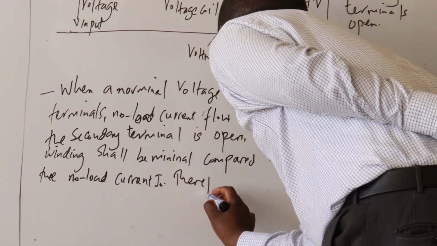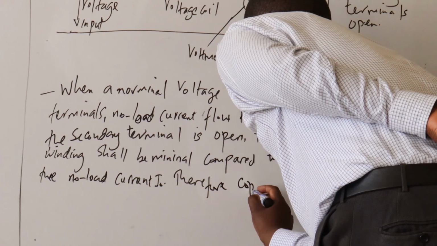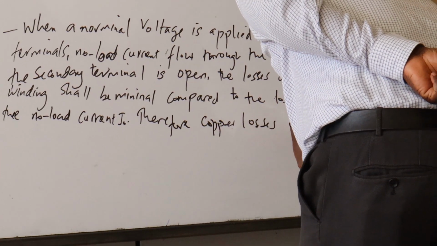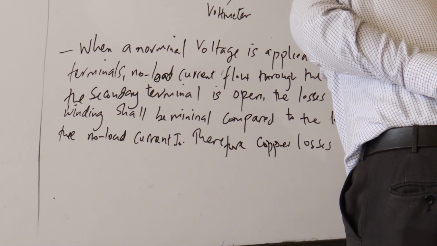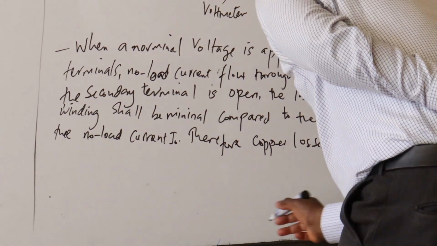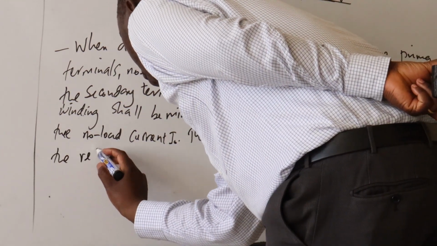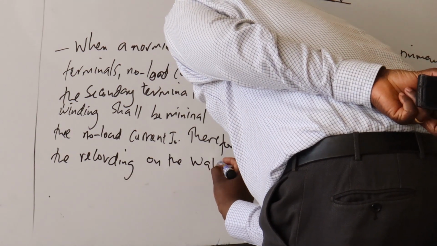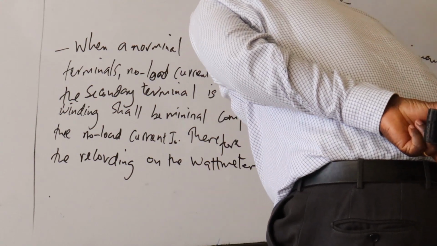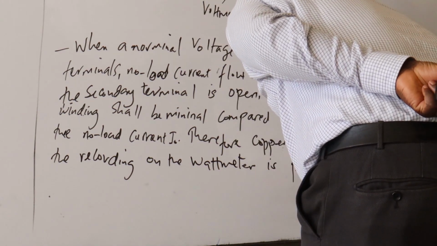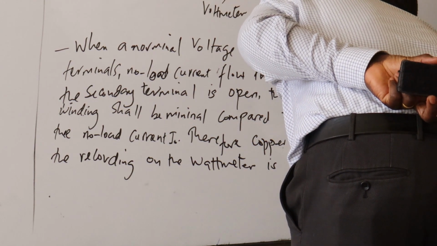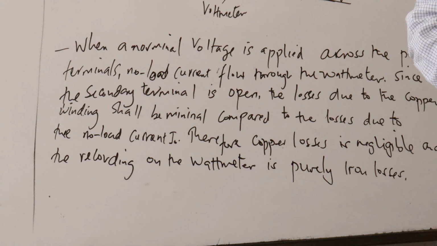Therefore, copper loss is negligible, and the recordings on the wattmeter are purely iron losses. It's purely iron losses.